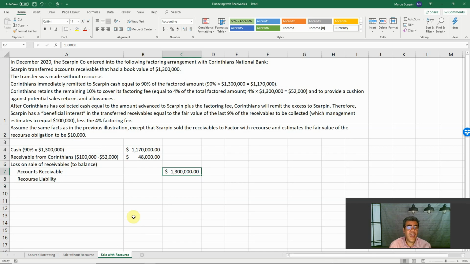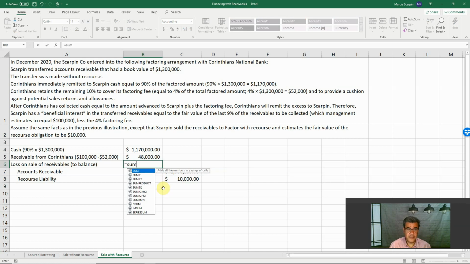However, we have this recourse and we estimate that this recourse will be $10,000. So we have a new liability here, recourse liability. If we had a loss in the previous one and we are adding more credit here, our loss will be higher.